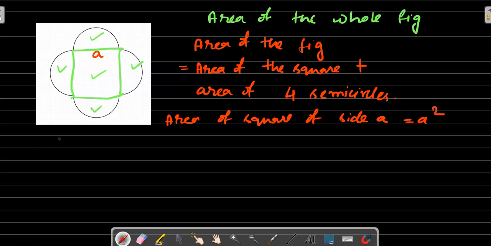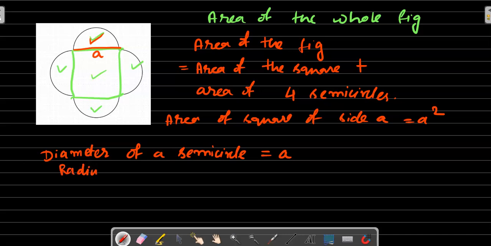Now find area of the 4 semicircles. So you see that diameter of a semicircle is equal to A because these 4 semicircles are on each side of the square. Therefore, diameter of the semicircle is A, that is side of the square. Therefore, radius of a semicircle is equal to A by 2.